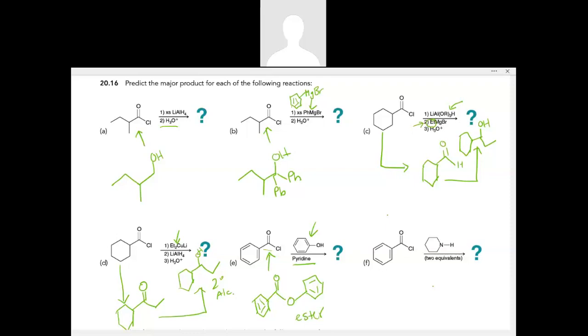Last but not least, we have now two equivalents of this amine here will result in the replacement of the chlorine atom of this acid chloride here. And we're going to end up with this structure here.